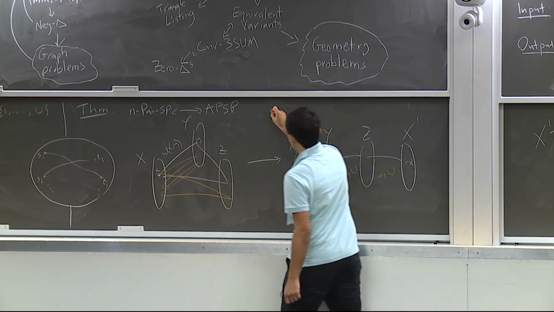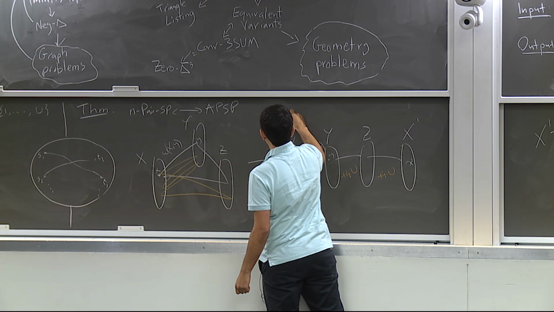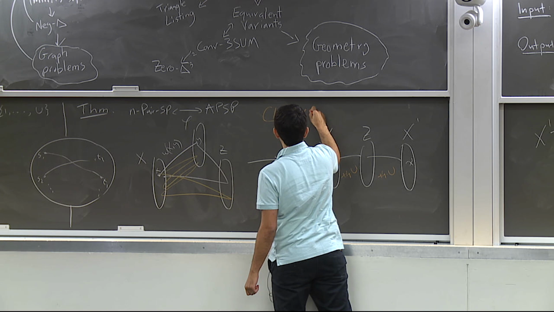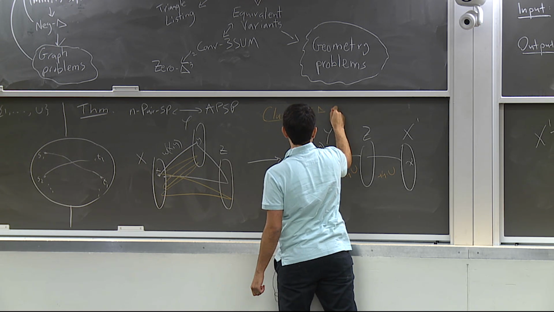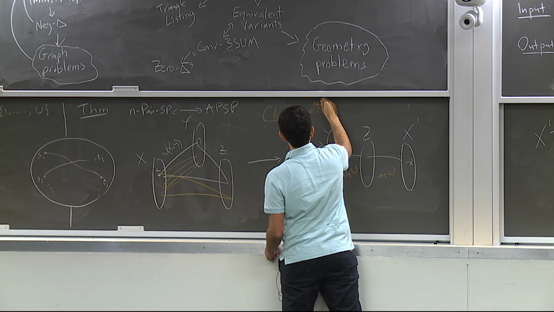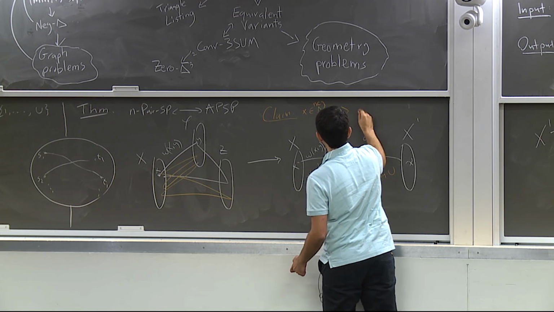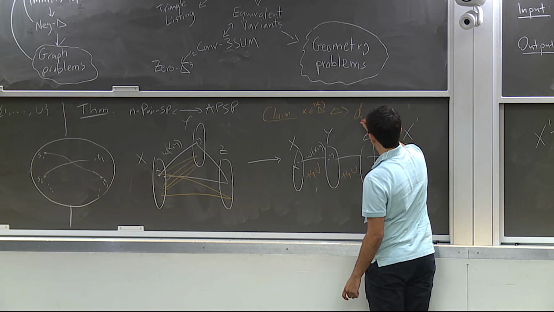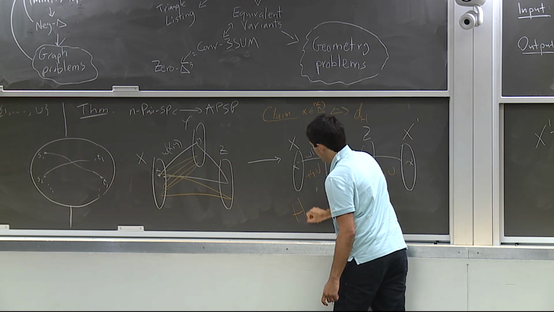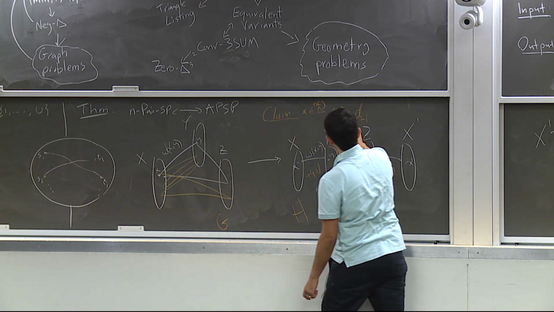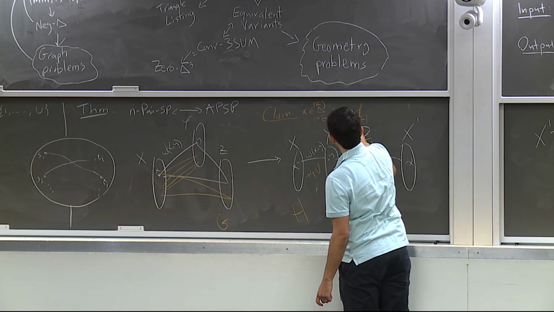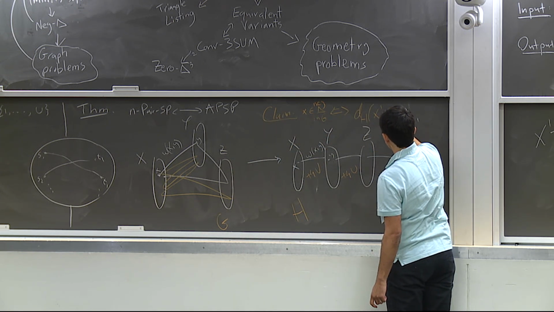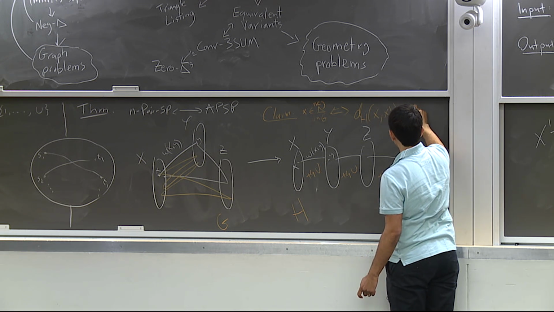So the claim is that x is in a negative triangle if and only if the distance in the new graph, let's call this graph H and this is G, between x and its copy is less than 12u.